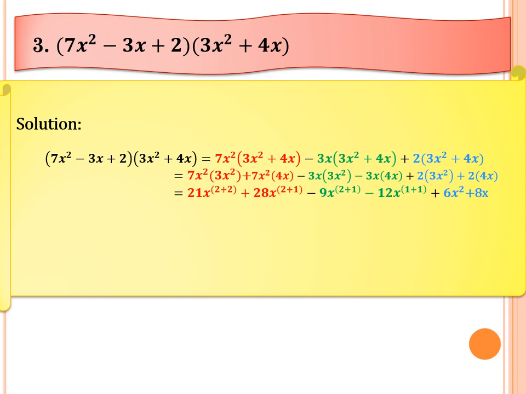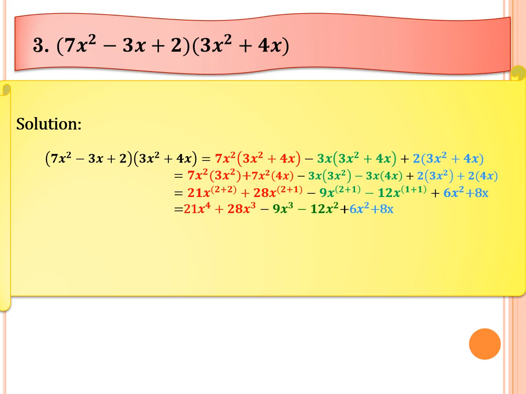Okay? Next, for the green, 3x times 3x squared is just equal to 9x to the power of 2 plus 1, minus 3x times 4x is just equal to 12x to the power of 1 plus 1. Plus, for the blue, 2 times 3x squared is just equal to 6 times x squared, plus 2 times 4x is just equal to 8x.